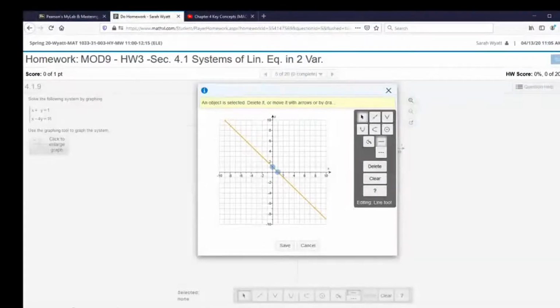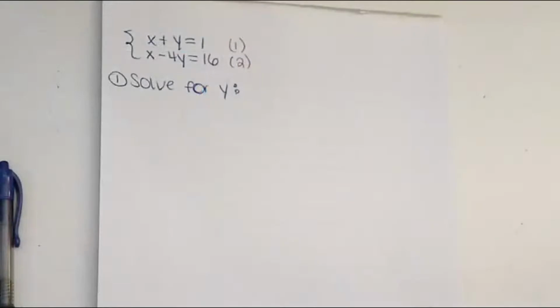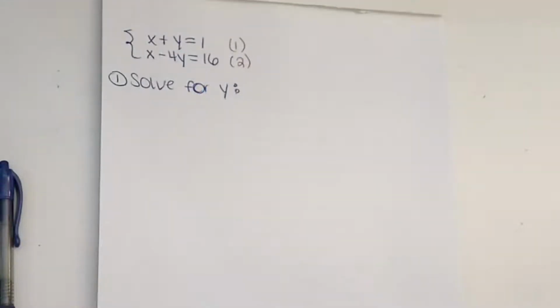Okay, so we're going to switch over here and we're going to solve the second equation, the x minus 4y is equal to 16 for y. So to do that, we will subtract x from both sides and get negative 4y equals, and then the 16 and the negative x, those are unlike terms, so we keep them separate at negative x plus 16.